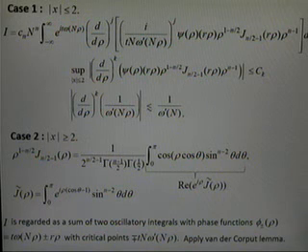As is standard, near the origin, we perform integration by parts. It is standard.